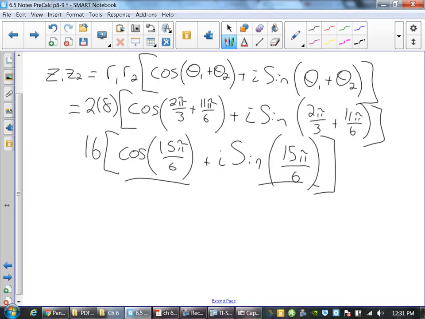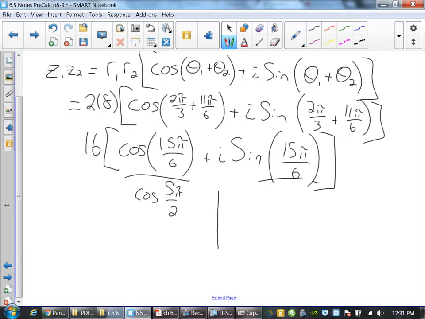Let's see, divide both by 3, you're going to get 5 pi over 2. Which is, you start to think about where does that get placed. Was it 2.5 pi? So you wind up at pi over 2.